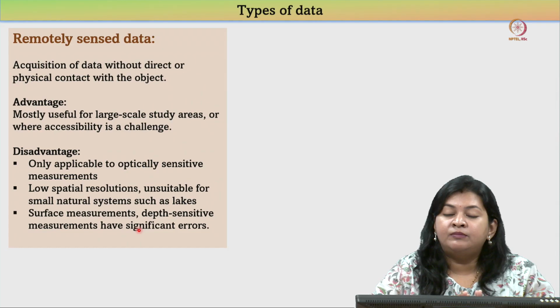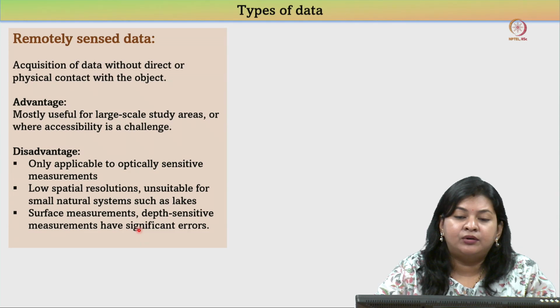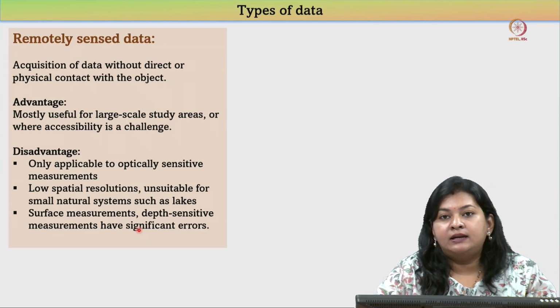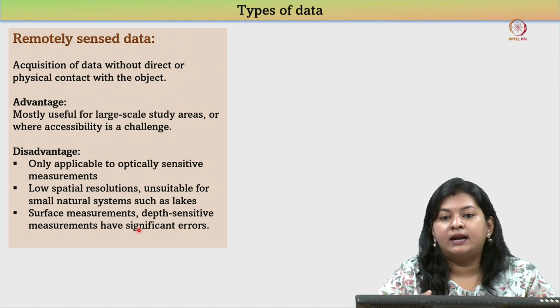So, remotely sensed data is extremely helpful in this regard, because without actually visiting that particular location, you can get some data. Generally, these satellite missions are occurring at a particular time interval.